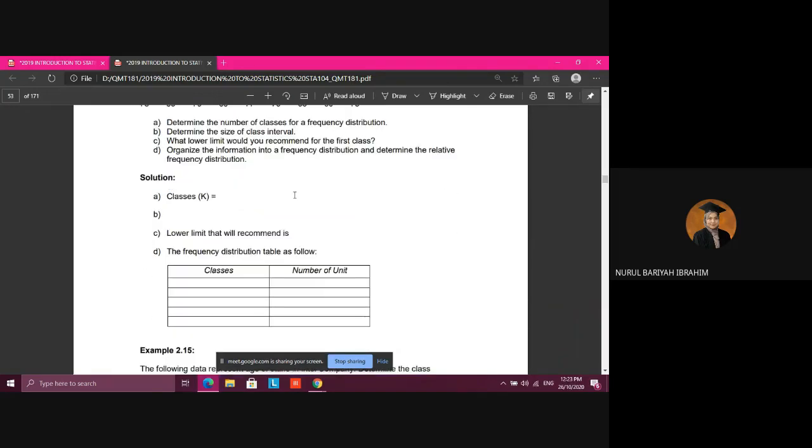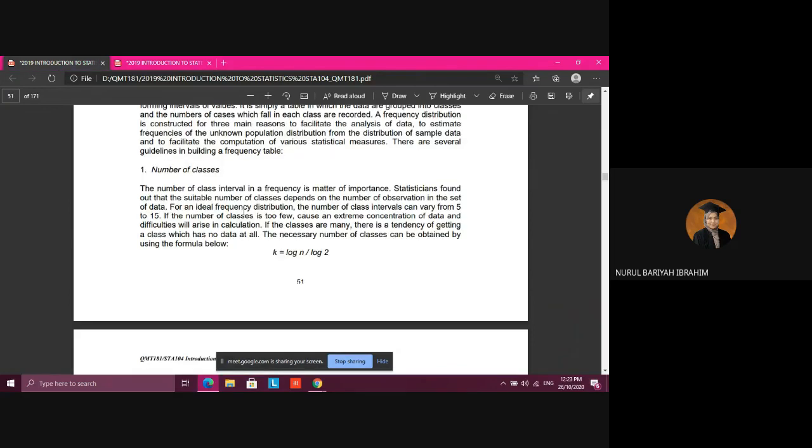So first of all, kita nak create the frequency table right here, and then we need to know how many classes that we should put here. So kena kira dulu number of classes.